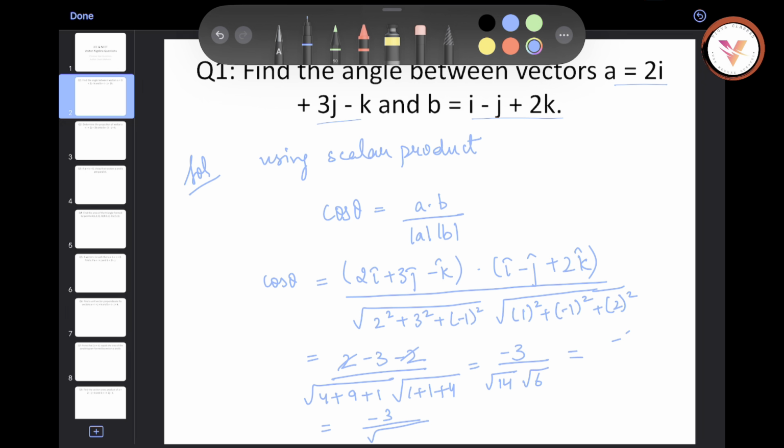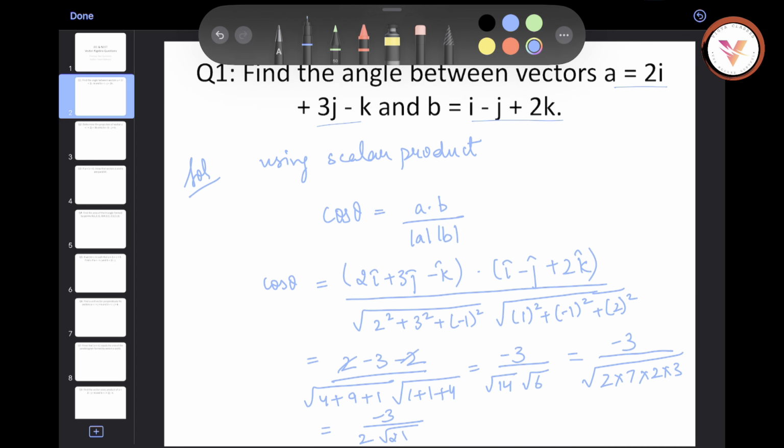And if you take it combinedly, 14 is 2 into 7 and 6 is 2 into 3, so you can take 2 out. Then it becomes minus 3 over 2 into root of 21. So the theta becomes cos inverse of minus 3 over 2 root 21.